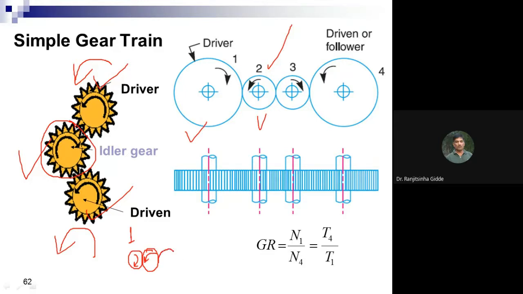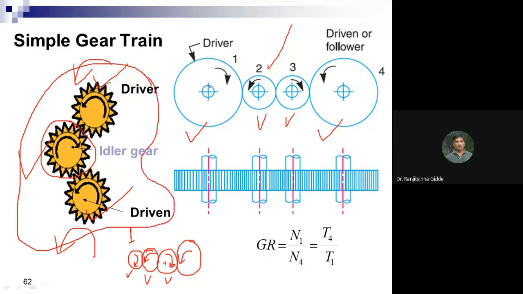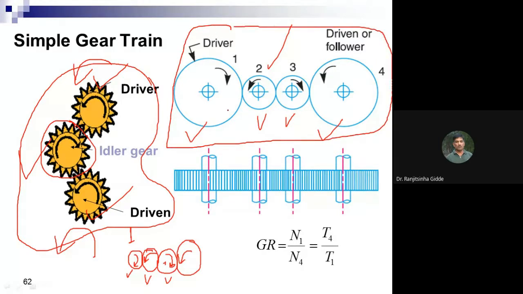Gear number 3 is rotating in clockwise direction. So this is rotating in clockwise, this in anti-clockwise, this will rotate in clockwise, and again gear number 4 is going to rotate in anti-clockwise direction. So this animation consists of 3 gears, and this line diagram consists of 4 gears.